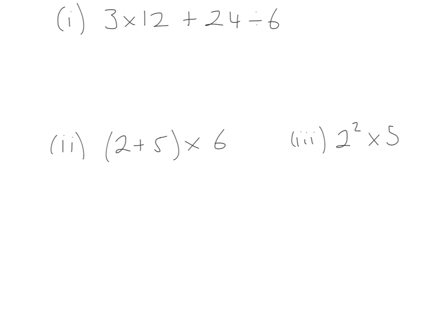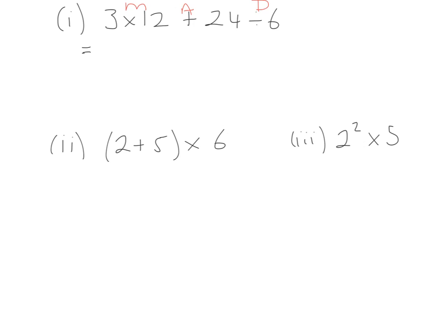So again, I'm going to label all of the operations. So we have multiplication, addition, and division. So looking at my BIMDAS triangle, we can see that M and D are the ones that appear first. Now, they're both on the same level, so if you can remember what I said from our last example, if they're on the same level, you just do whichever one appears first in your question. So that's going to be the multiplication.